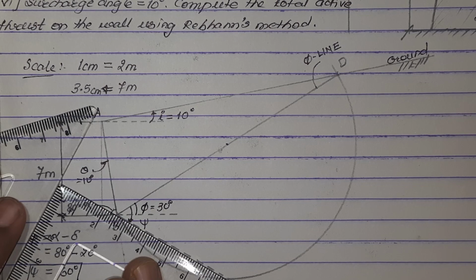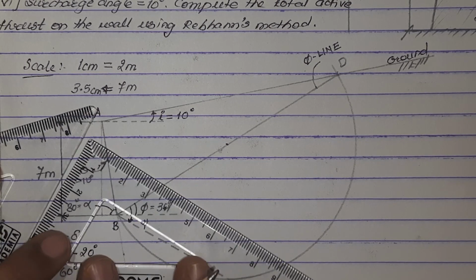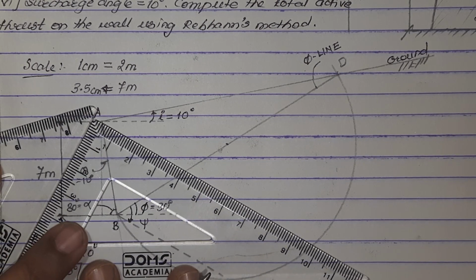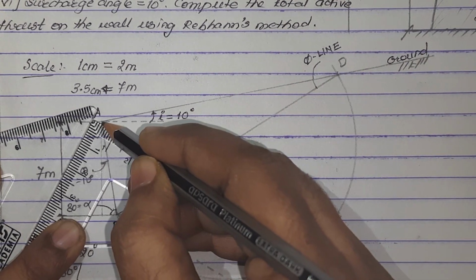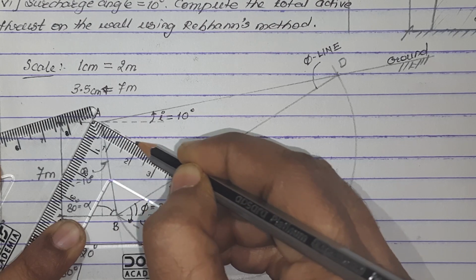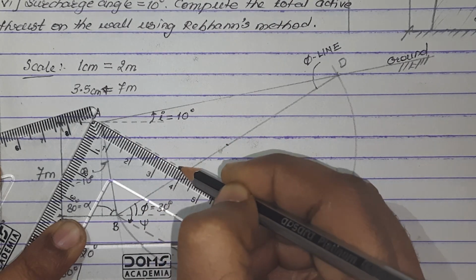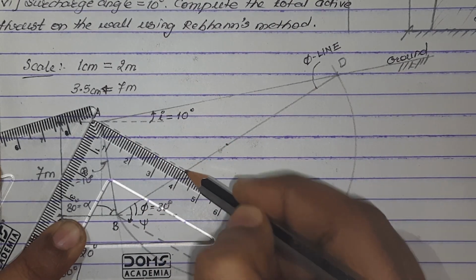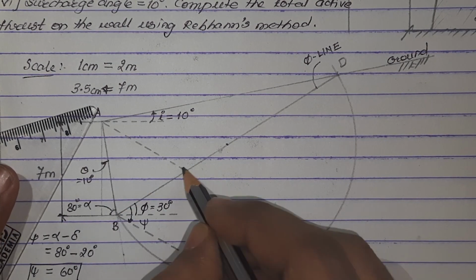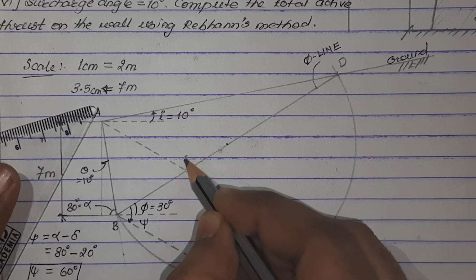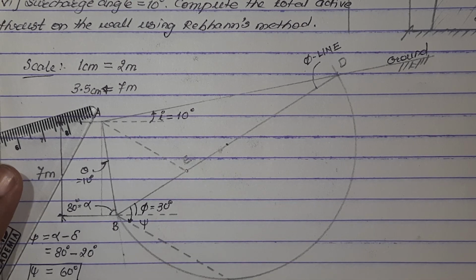So to psi line we are drawing this parallel line which is passing through point A, and now it has intersected this phi line. This point would be labeled as point E. It is point E.